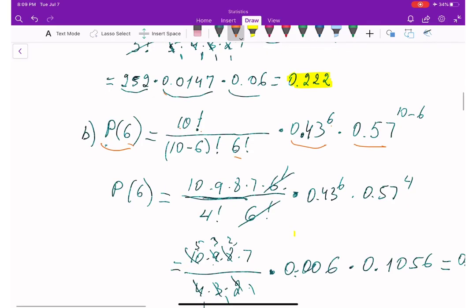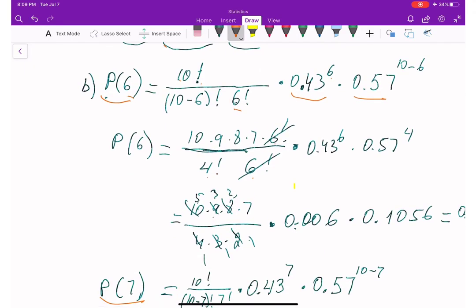So again, opening 10 factorial. Look here. 10 minus 6 is factorial 4, but 6 factorial is greater. So I'm opening till 6 factorial and canceling this 6 factorial with each other. And then 4 factorial, I'm opening at the bottom, 4 times 3 times 2, and start canceling with each other. 4 I canceled with 8, 3 I canceled with 9, 2 I canceled with 10.